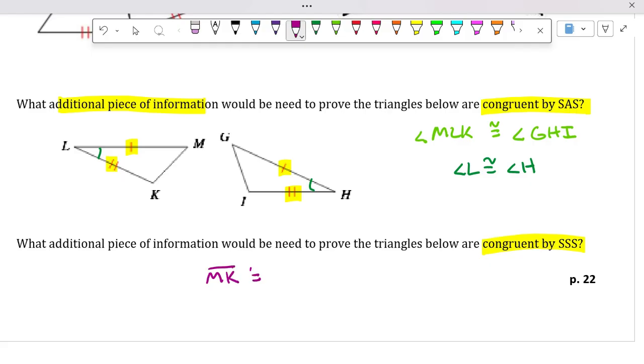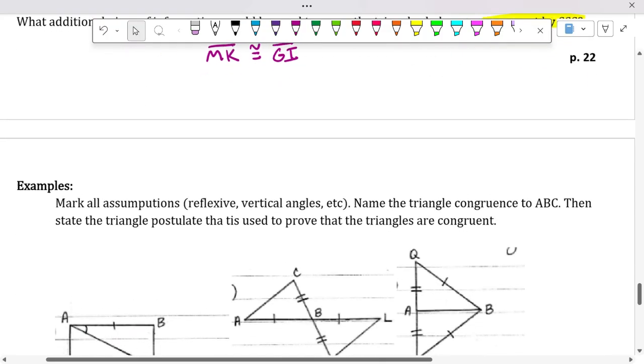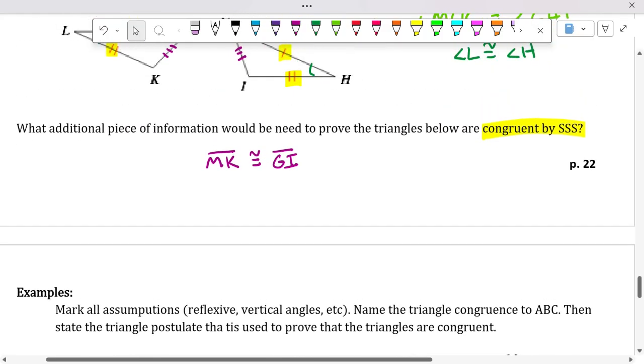Nope. It's GI. So we need to show that these two sides are congruent. It goes by SSS. All right, any questions?